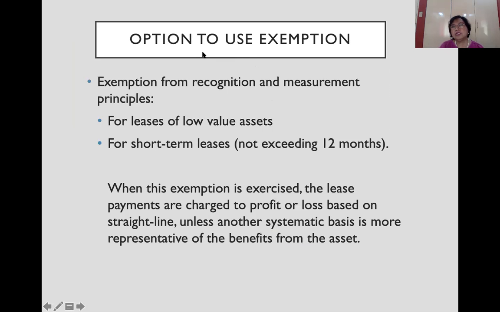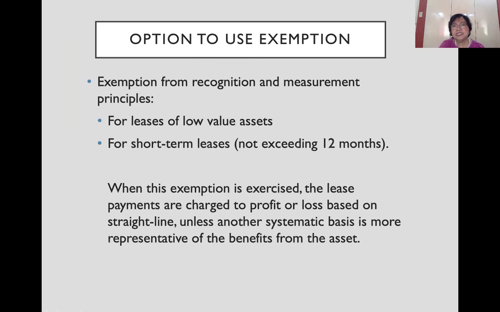Okay, so there is an option that is offered to the lessee to use the general principle in accounting for leases. Therefore, the general principle is that the lease payments will have to be capitalized as cost of right of use asset, and you have to present your lease liability for your succeeding lease payments. That is actually applying substance over form.